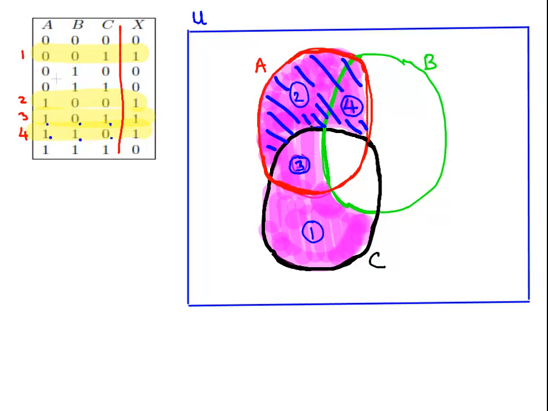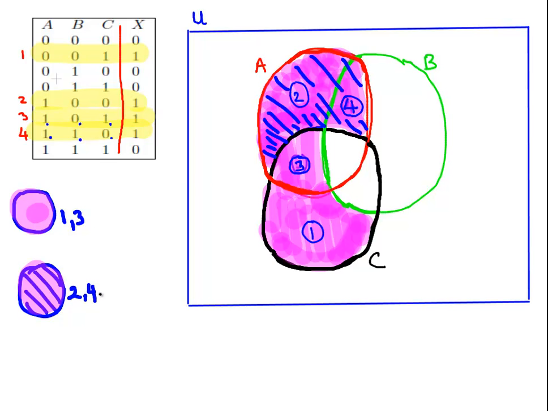So what we have is the union of two shaded areas. The first is painted in pink, and the second has stripes going through it as well. This one corresponds to regions 1 and 3, and this corresponds to regions 2 and 4.